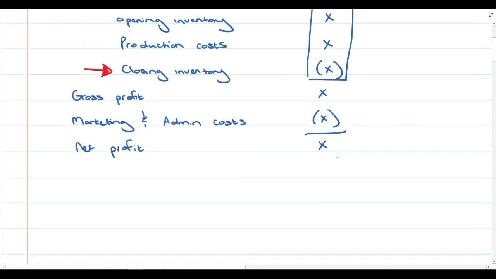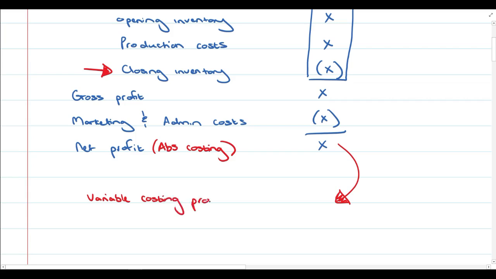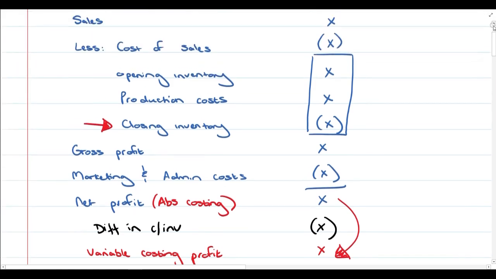So this is my absorption costing profit, and we need to reconcile that to the variable costing profit. All right, and what is the logic behind deducting the difference in closing inventory? Why do we deduct that difference in closing inventory over there? So let's look at the logic of this.